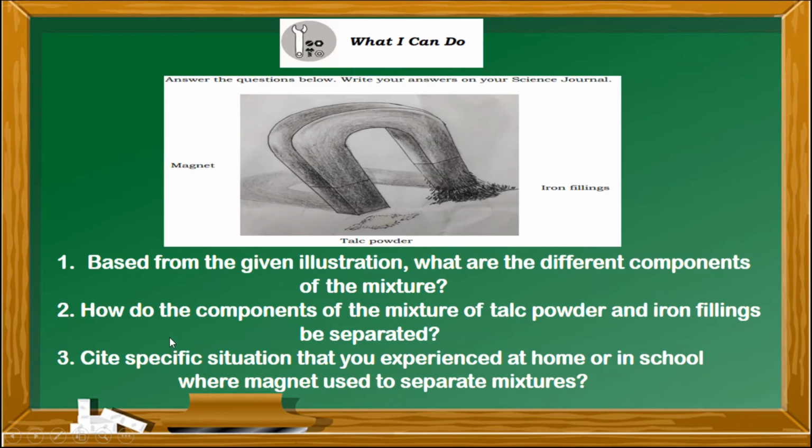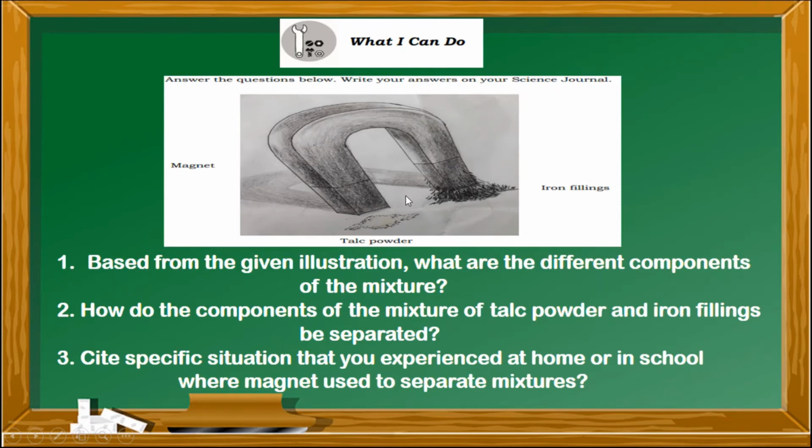Okay, number 2, how do the components of the mixture of talc powder and iron fillings be separated? What did we use to separate the two components of the mixture? We used magnetic separation, or we used a magnet.